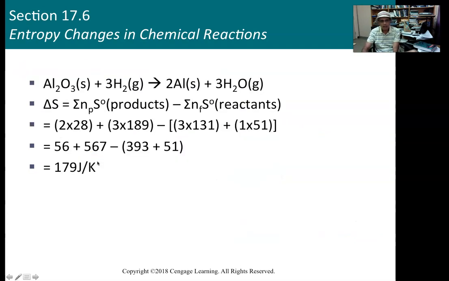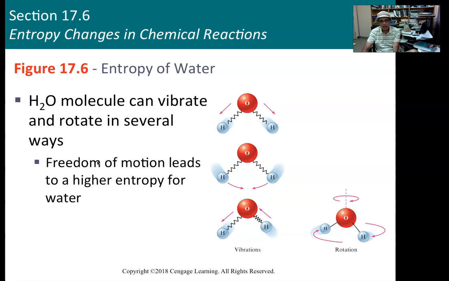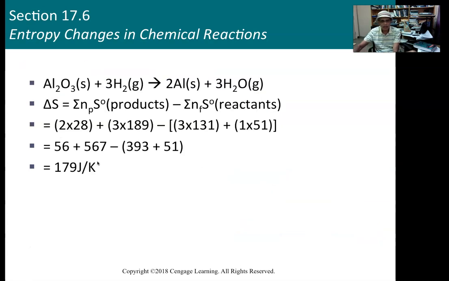Now, interesting point. Before I go on to the next slide, let me just go back here. If you look at this, this is a very unique situation. The moles of gas on the reactant side is 3, and the moles of gas on the product side is 3.